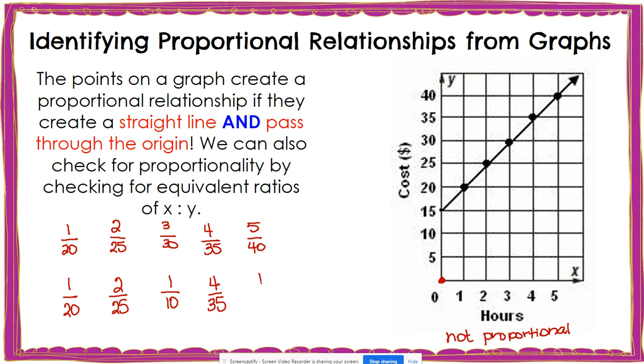So 5 divided by 5 would give me 1, and 40 divided by 5 would give me 8. You'll notice that in every one of my simplified ratios, I do not have a single equivalent ratio. Because of this, I know that none of these are proportional, so this graph does not show a proportional relationship between hours and cost.